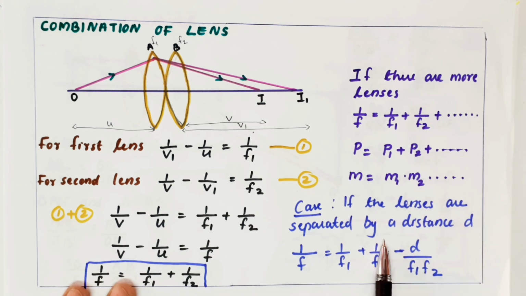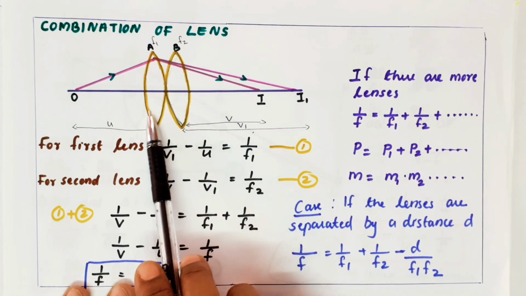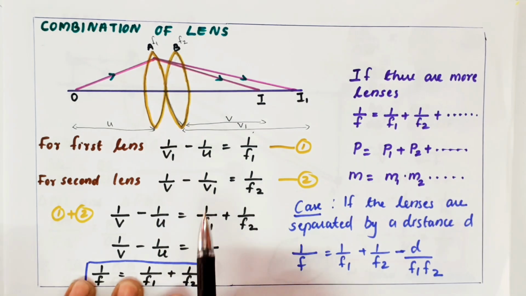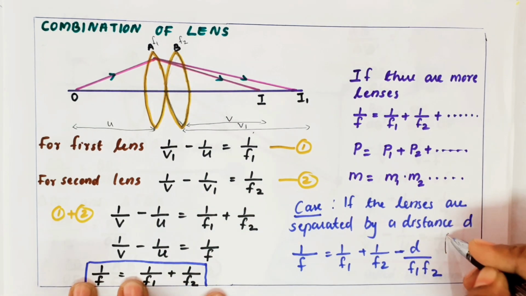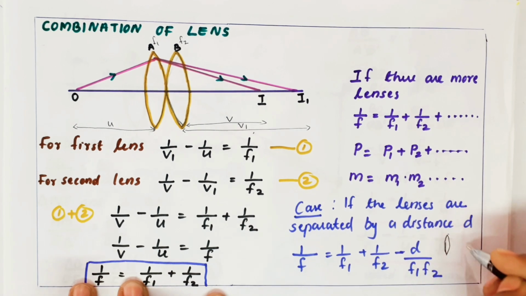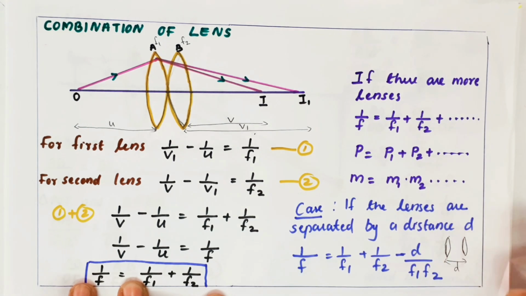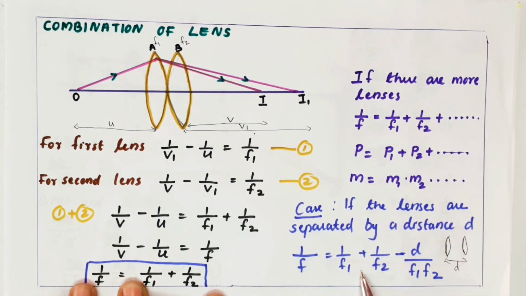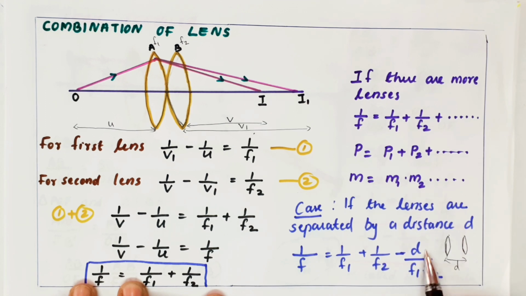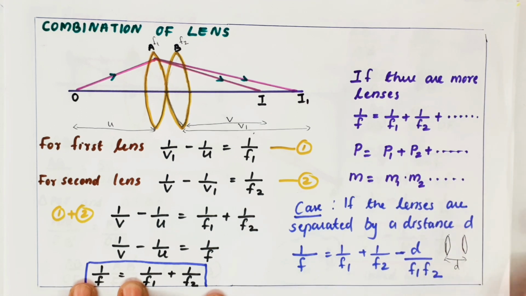Then there is a case. It is not compulsory that these two lenses are always together like this. Even if they have a separation like this, this is one lens, and we are keeping another lens here. They are separated by a distance d, which means your focal length is given by 1 by f equals 1 by f1 plus 1 by f2 minus d by f1 f2.